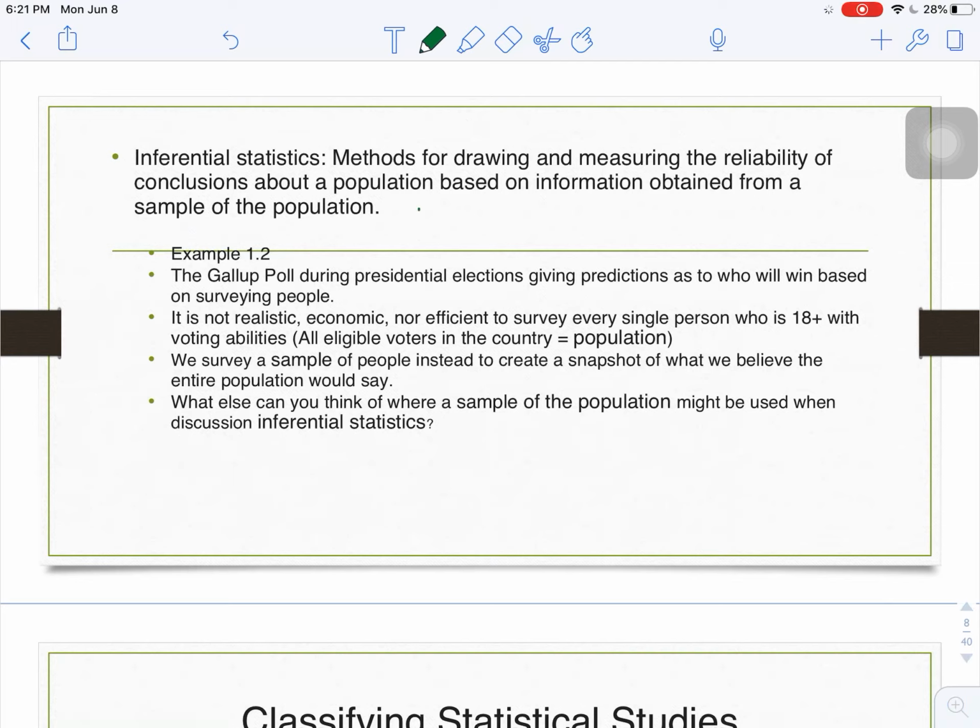For inferential statistics, this is going to be making an inference. That's pretty much it. So this is that best guess based on the data that we're collecting.